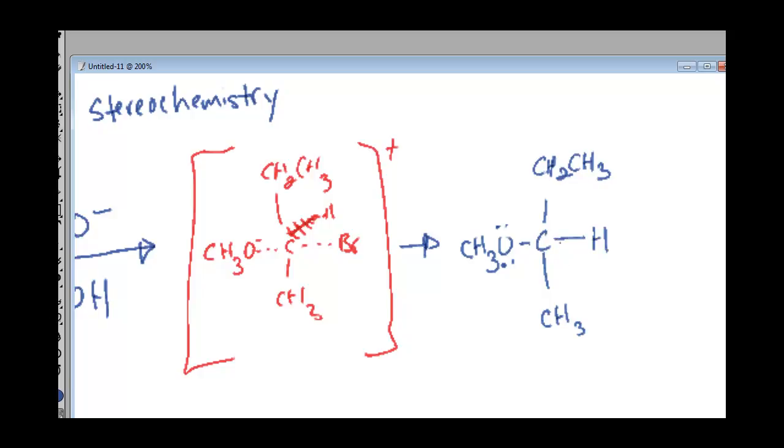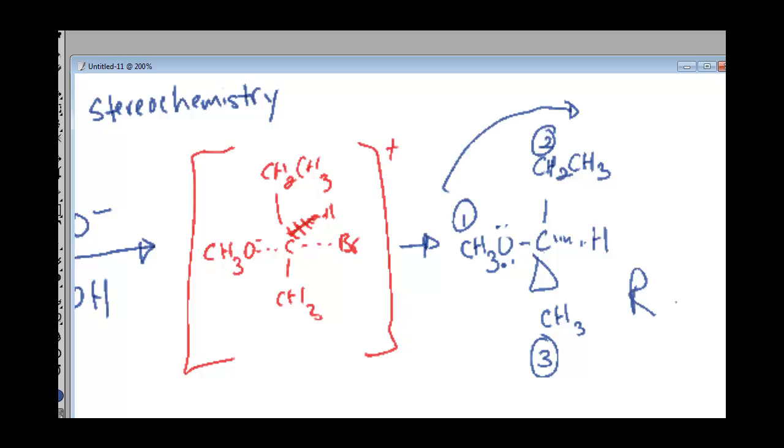I should draw some stereochemistry here. So this is still wedged out at you. This is going into the page now. And now we have 1, 2, 3 priority. That's clockwise, and therefore it's R. So there's an inversion taking place.